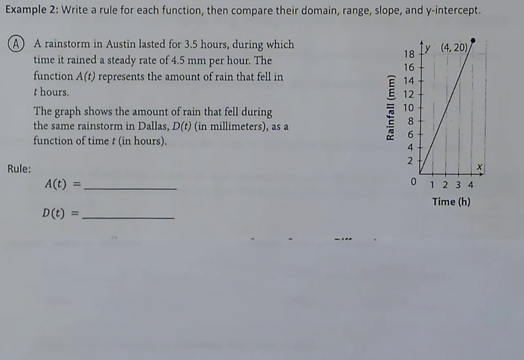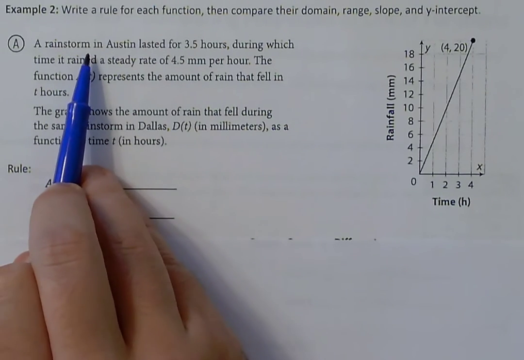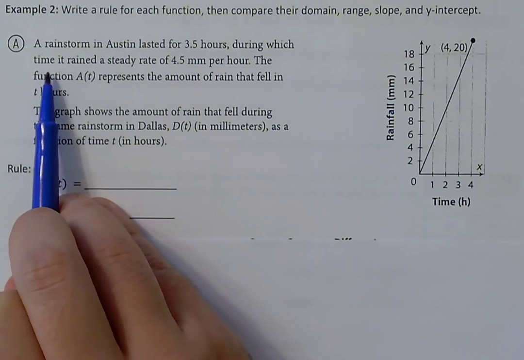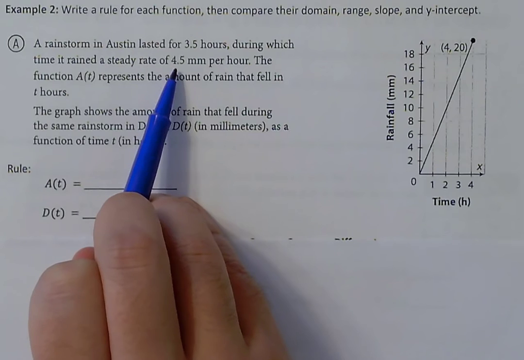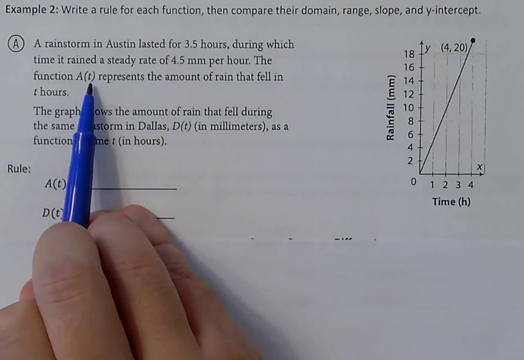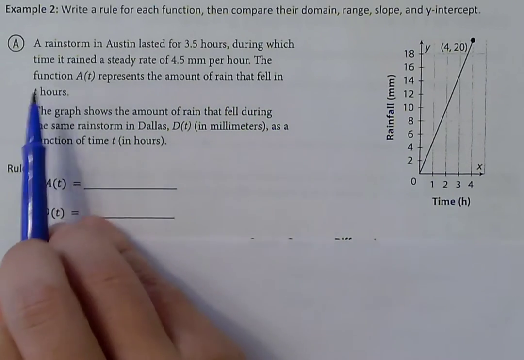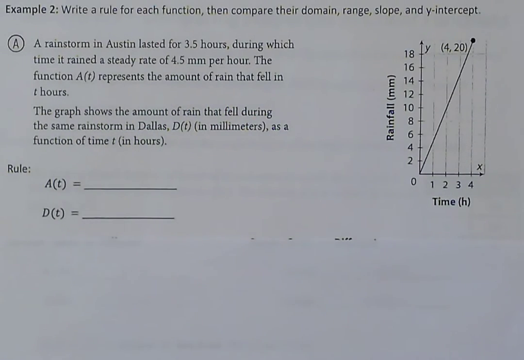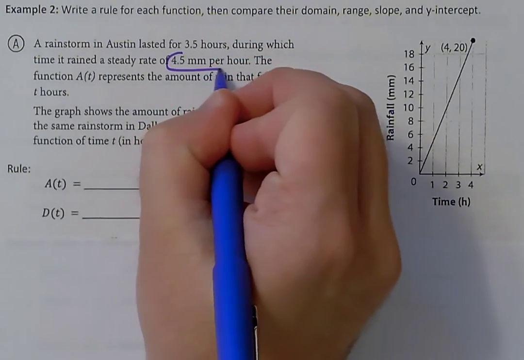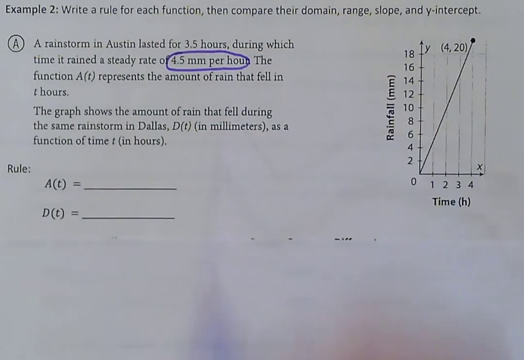So for A, we have a rainstorm in Austin that lasts for 3.5 hours, during which time it rained at a steady rate of 4.5 millimeters per hour. The function a of t represents the amount of rain that fell in t hours. So if we're wanting to write a rule for the amount of rain in Austin, we're going to take this 4.5 millimeters per hour, and that's going to help us write our function for a of t.